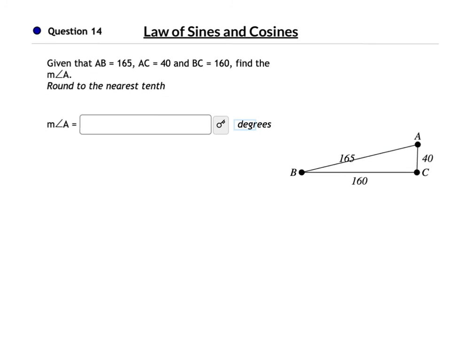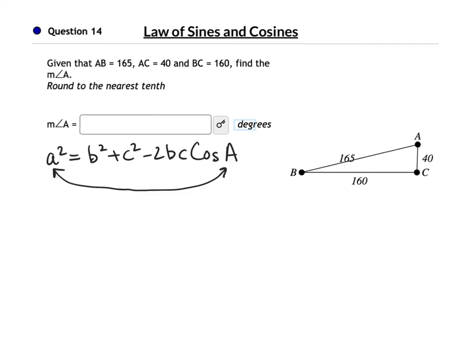Question 14 is the second case of the law of cosines. If you have all three sides, you can find any angle. We are looking for an angle, so at some point we're going to use the inverse cosine, but again, set it up like normal. The rule is that the side you start with and the angle you end with, which is the one we want to find, need to be opposite each other.